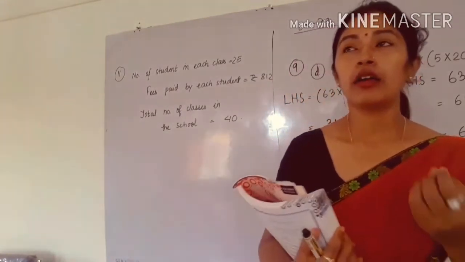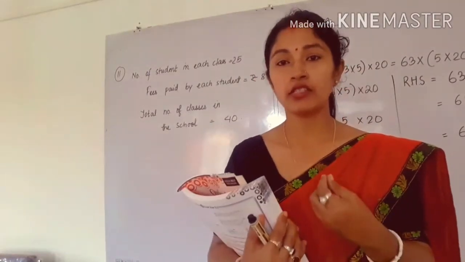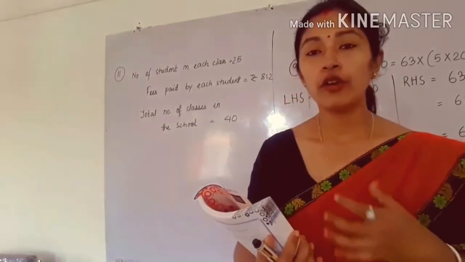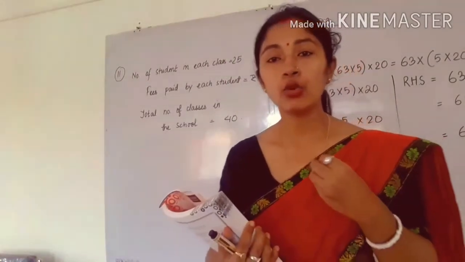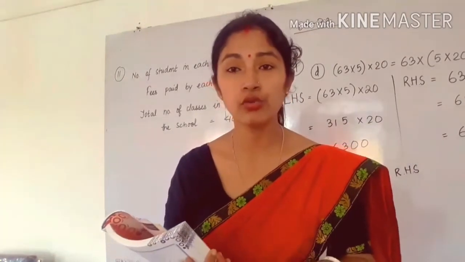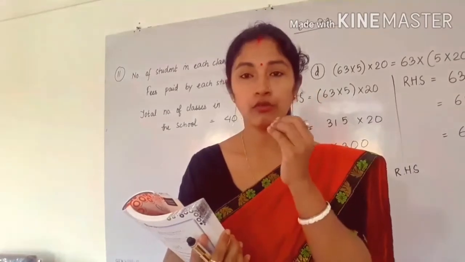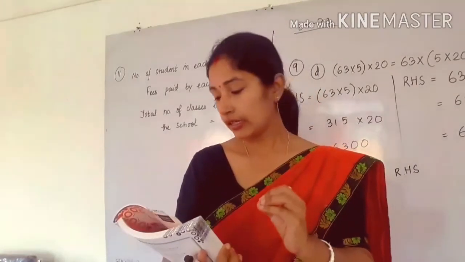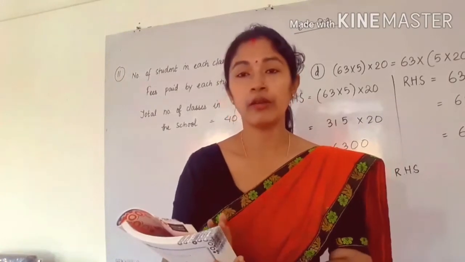See, if one student pays rupees 812 as fee, then what will be the total fee collection by the total students of that school? So first of all you have to find the total students, because for one student how much fee the school is collecting is already given.